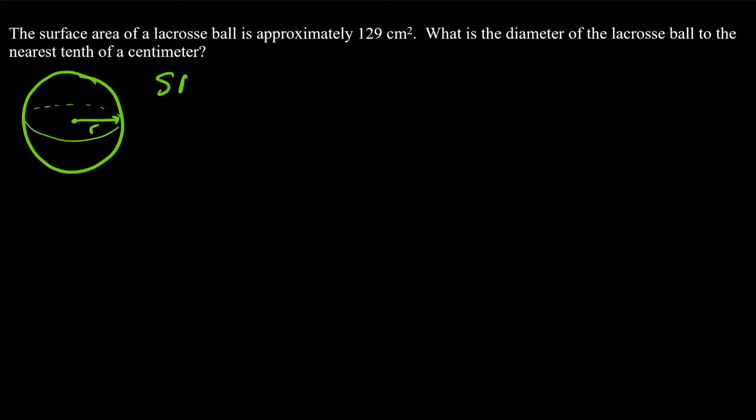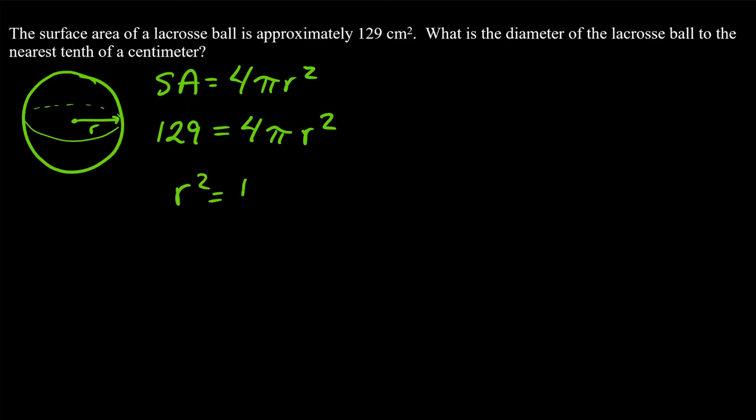This is a full sphere, so it's 4 pi r squared. The surface area is 129 square centimeters, which equals 4 pi r squared. If I want to get r by itself, I'm going to divide by 4 pi. So r squared is 129 divided by 4 pi.